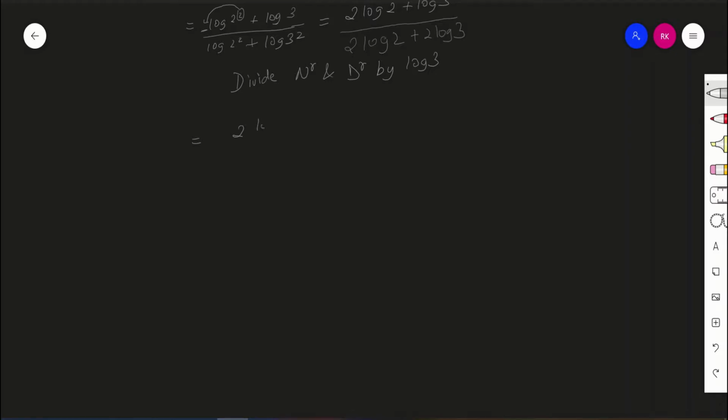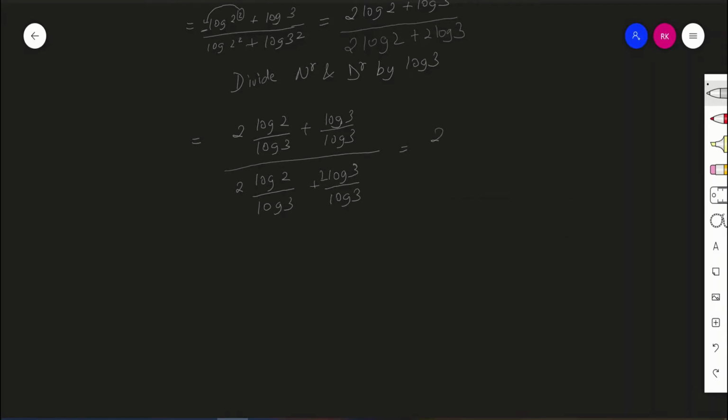So 2 log 2 by log 3 plus log 3 by log 3 upon 2 log 2 by log 3 plus 2 into log 3 upon log 3.